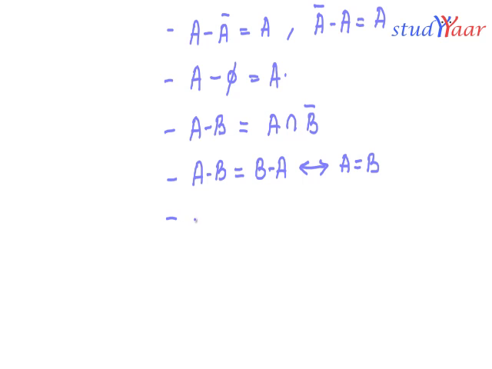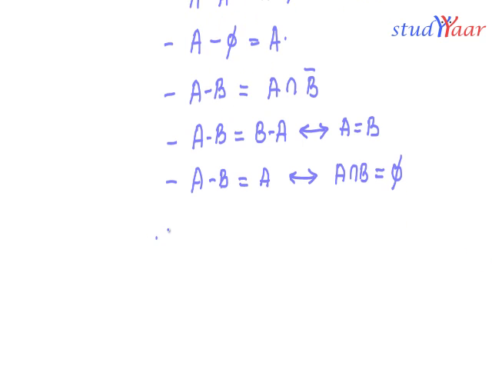One more property that we have is A minus B is equal to A if and only if A intersection B is a null set, or A and B are disjoint.